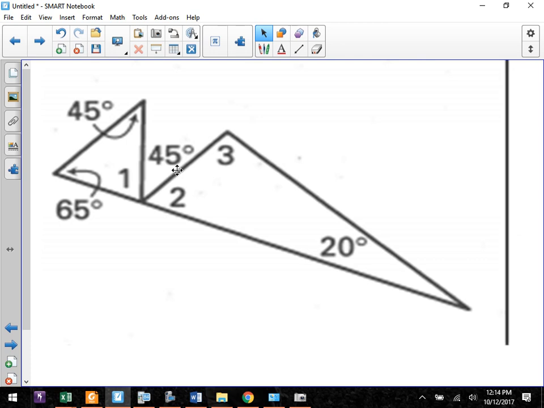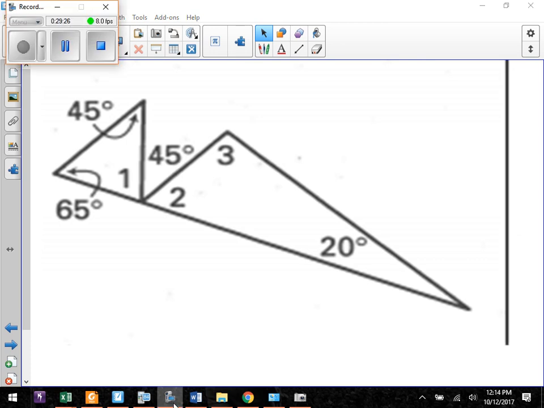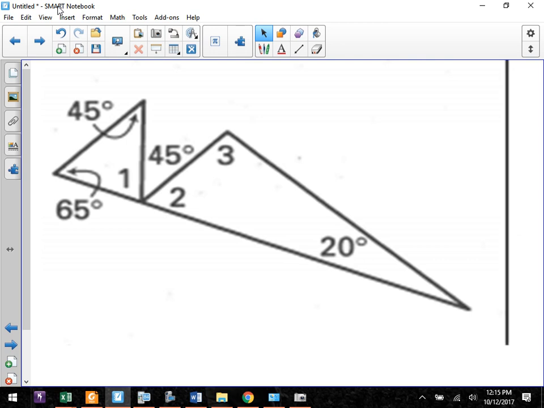Please and thank you. And then we'll start with the 45 and the 65. All right, what do you get? 110. Then that means what's angle 1? So you have a 70 there. Now, what do all 3 of these have to add up to equal?